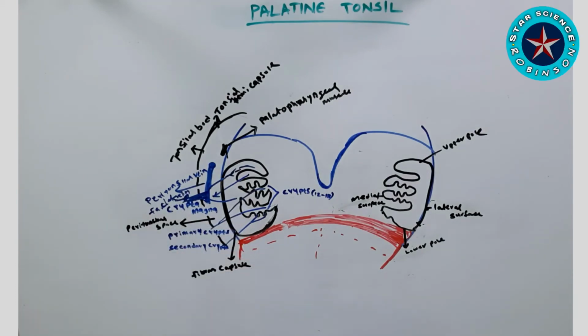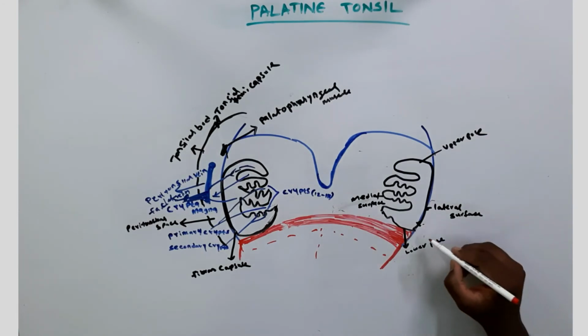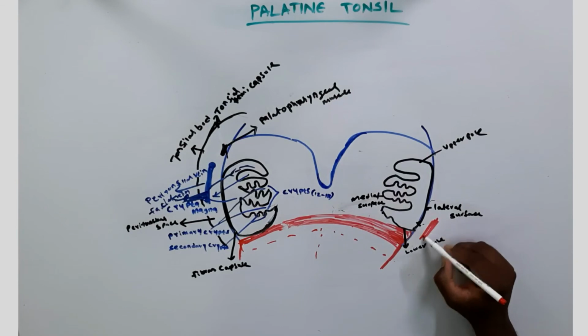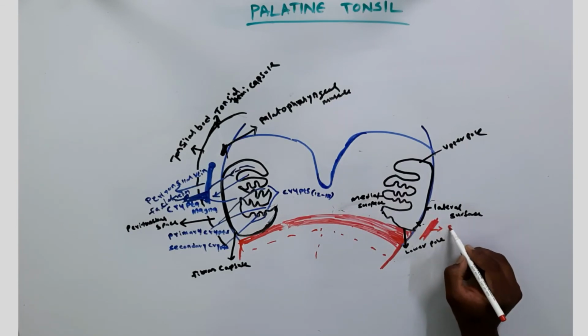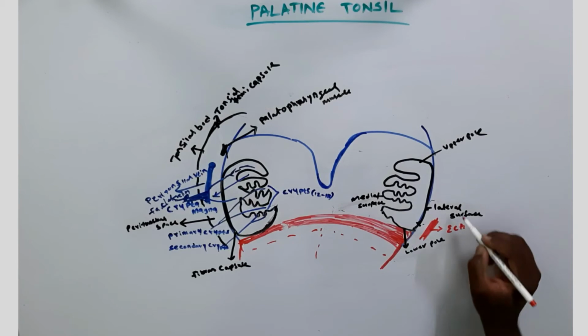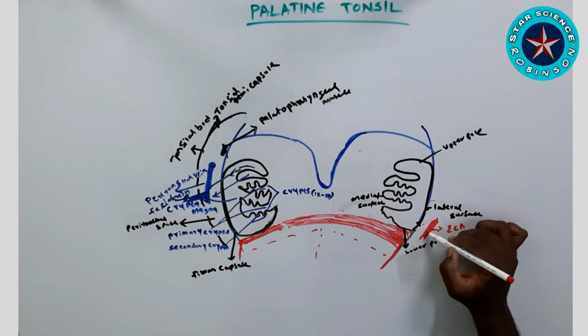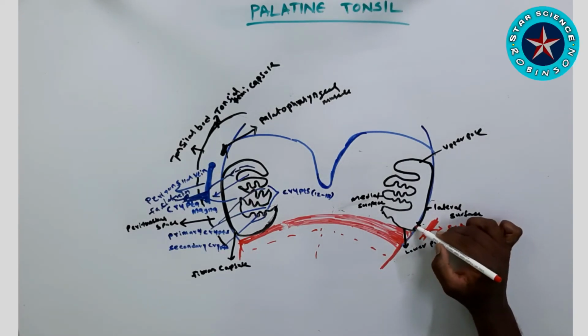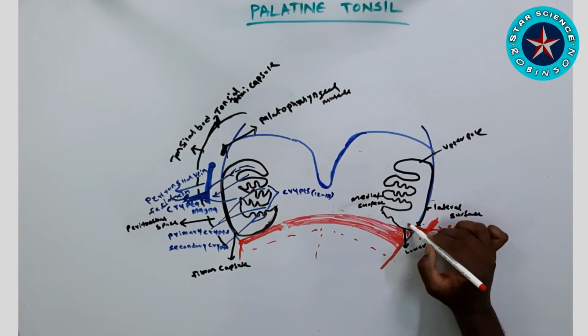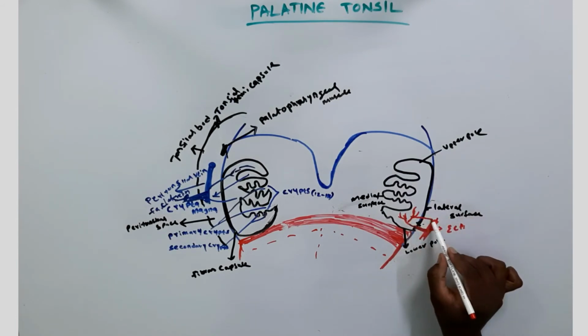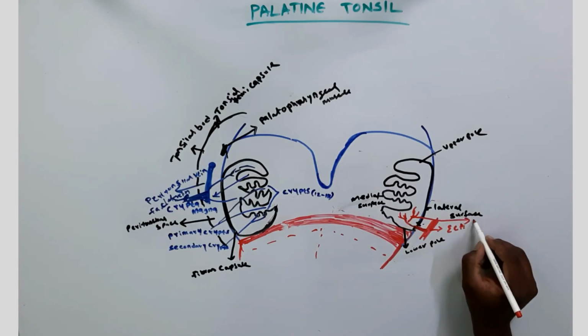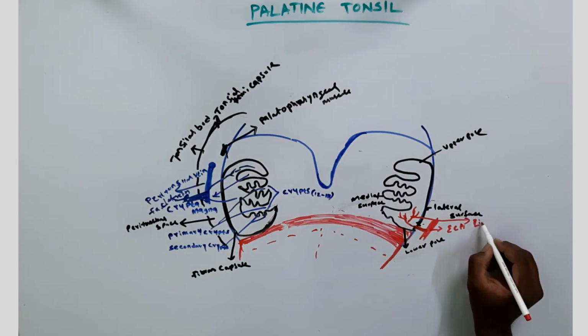So now let's get into the next part of our topic, that is the arterial blood supply to our palatine tonsils. The main blood supply to our palatine tonsils, inferiorly, is from the external carotid artery, the branch which goes inferiorly to the palatine tonsils, as I'm giving the name here. So the lingual artery from the external carotid artery.